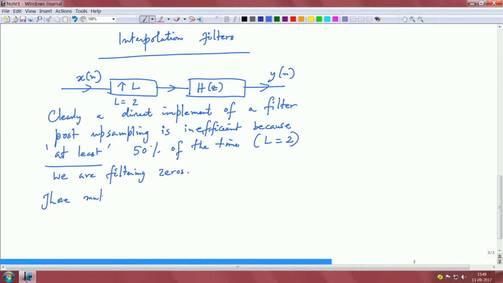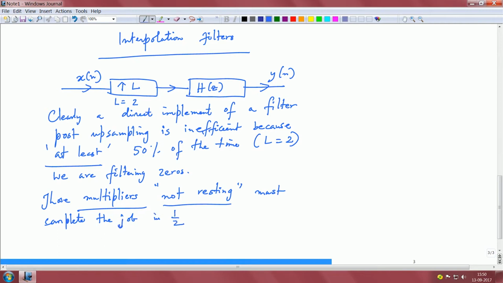So this is inefficient, and those multipliers are not resting, must complete the job in half the time because the output of the delay elements will change with time, right.